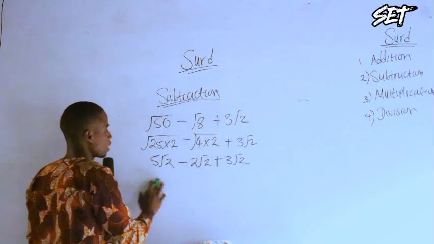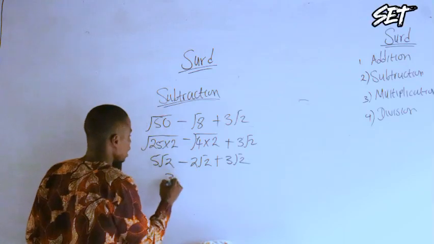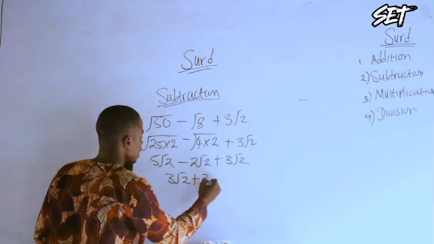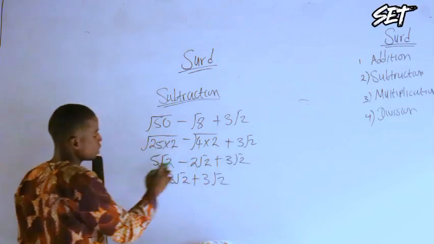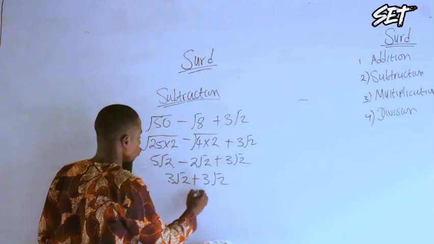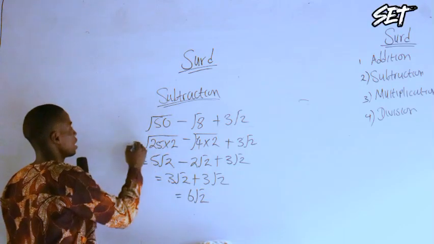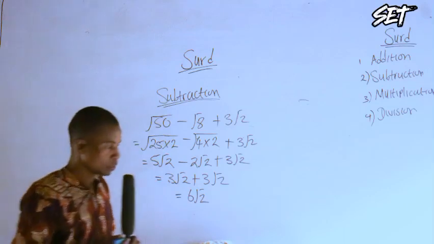Now, this one minus this will be 3 root 2, plus 3 root 2. Then you can now add it: 6 root 2. Very, very simple as A, B, C.